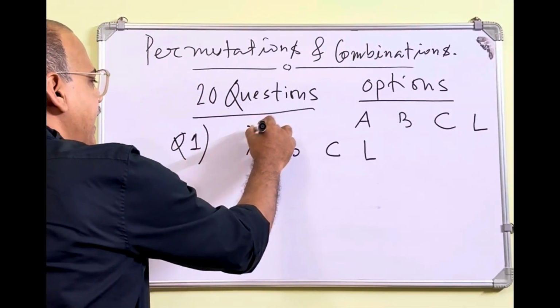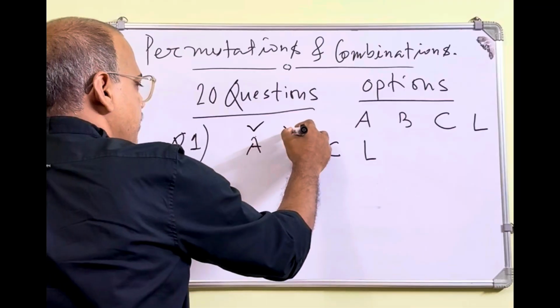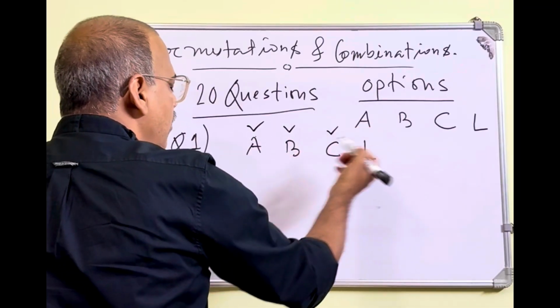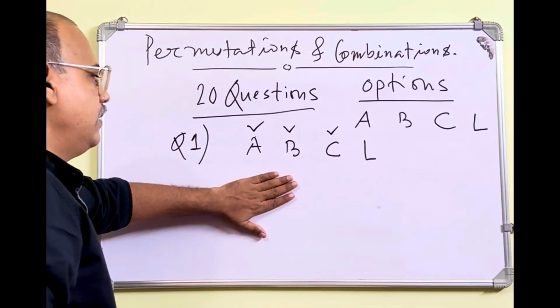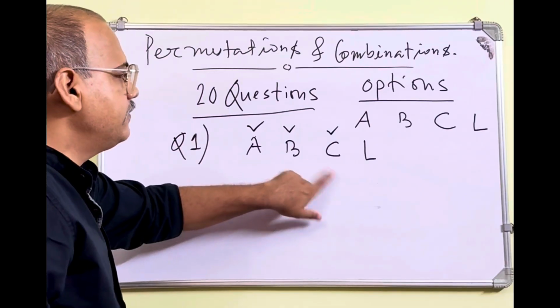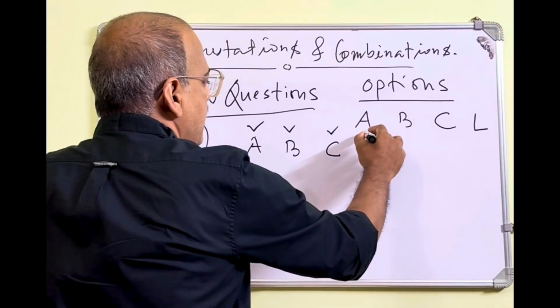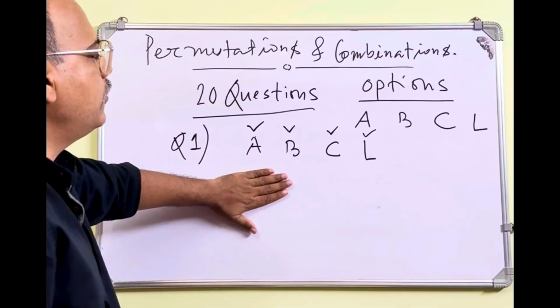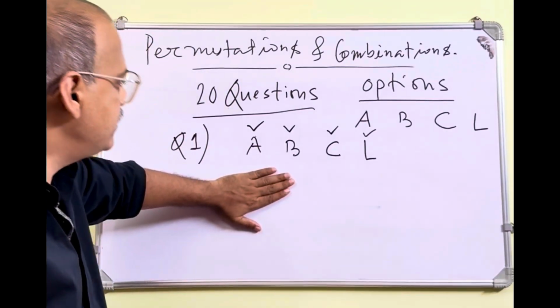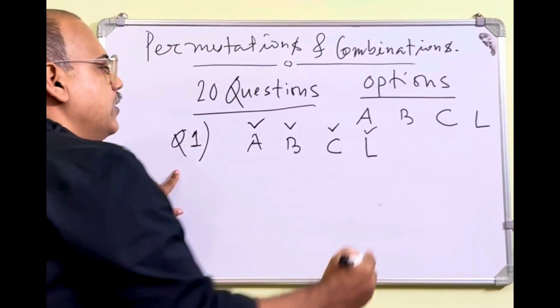You can choose A, you can choose B or C, or if you don't choose any one of the 3, you can leave the question. So there are 4 different ways to choose question number 1.